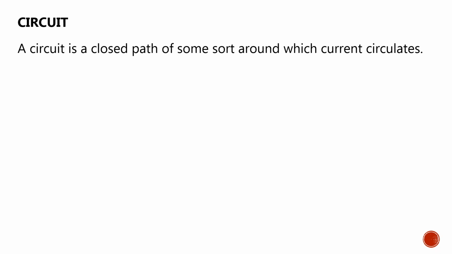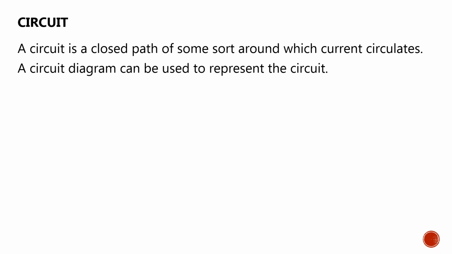We can have the flow of charges in different components like resistors, capacitors, even appliances, using power sources like a battery or any type of power source. We can summarize them using a circuit diagram. A circuit is a closed path of some sort around which current circulates.